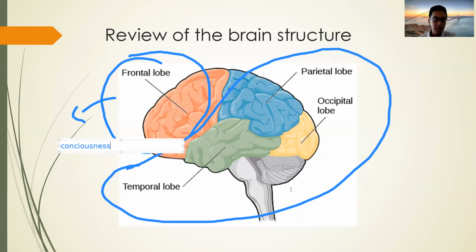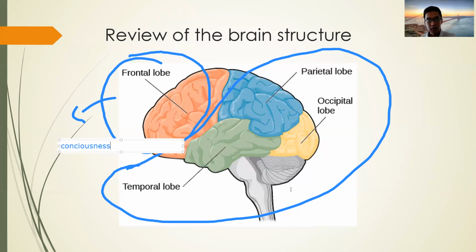And oftentimes the functions in those parts are involuntary. For example, the heart is beating. We do not have consciousness of that. We cannot control the speed of the heartbeat at all.